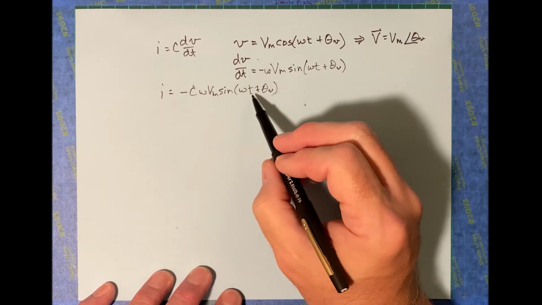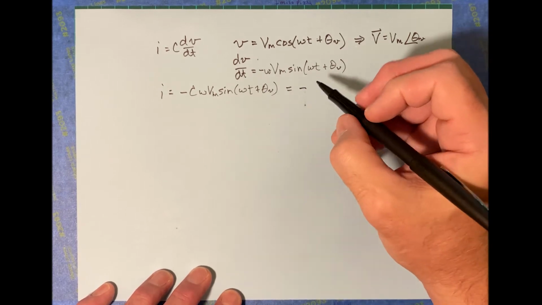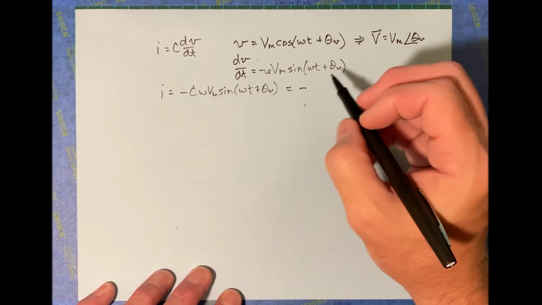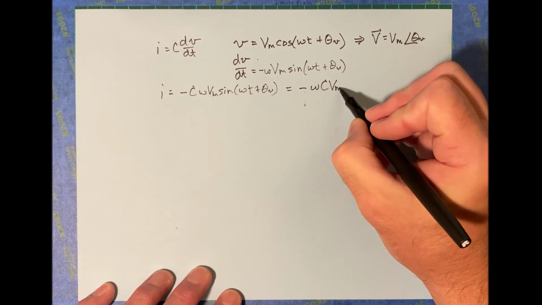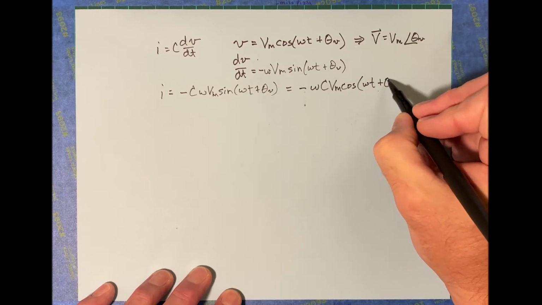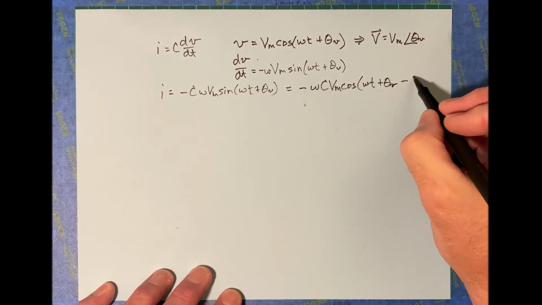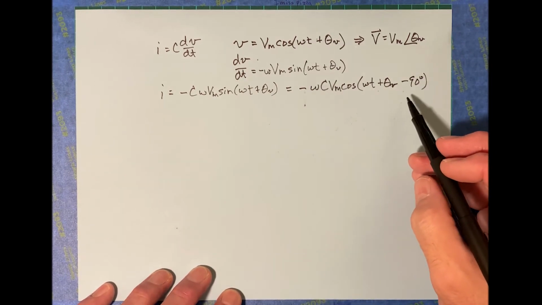Now, just like before, it's in terms of a sine. We can convert that into a cosine. So that's going to be minus, I put the omega out front, that's kind of traditional to do, omega c v sub m cosine of omega t plus theta sub v, and now we subtract off 90 degrees to turn the sine into a cosine. Okay, so we've got that.